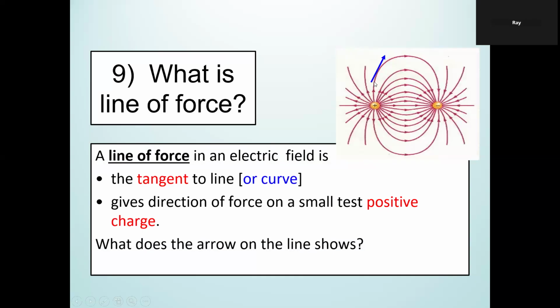What does the arrow on the field line show? The direction of force on a test positive charge. So you put a small test positive charge here, and the direction of the force is tangent to the curve.